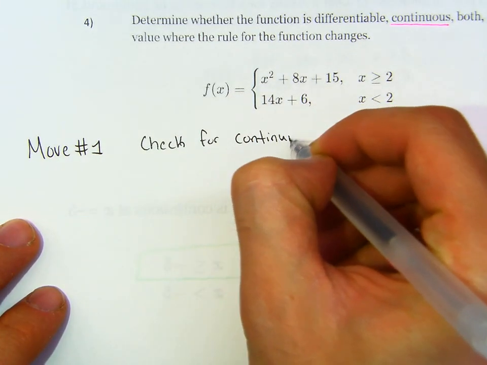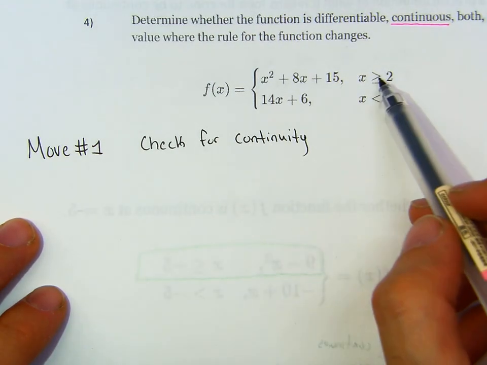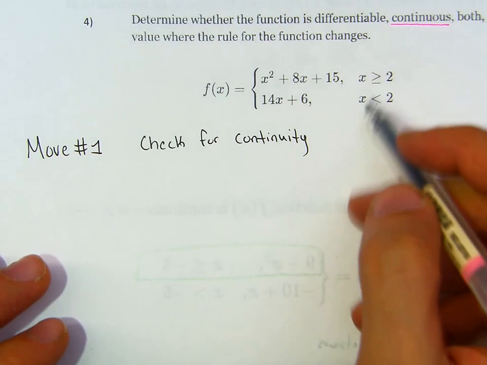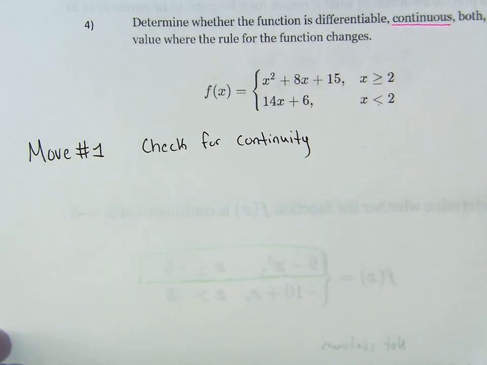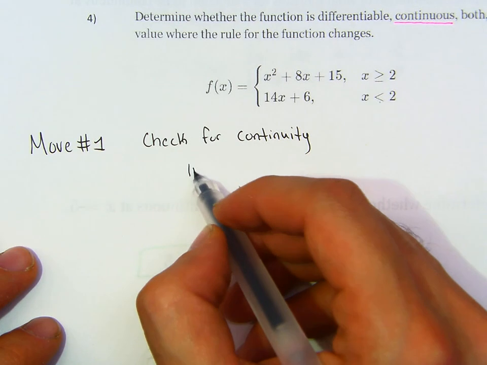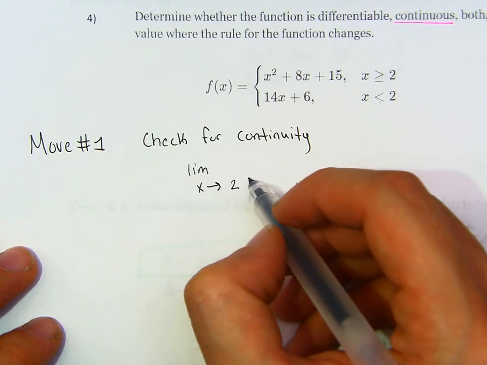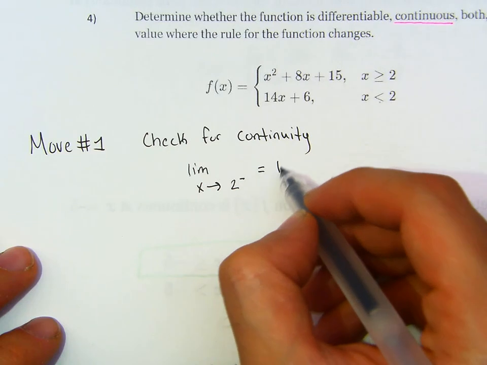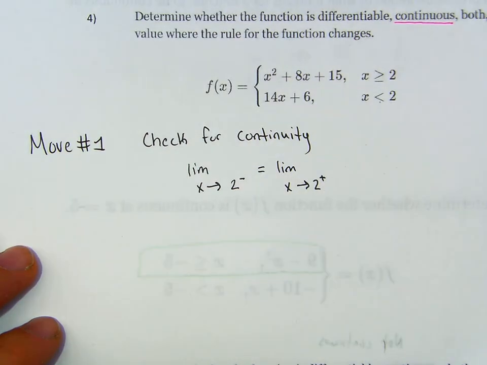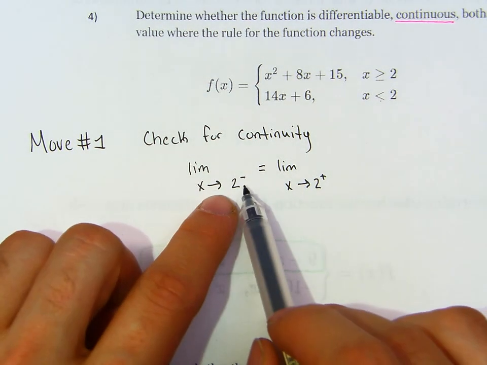Is this function continuous at x equals 2? What I want you to do is try and do this by yourself without me. We want to see if the limit as x approaches 2 from the left equals the limit as x approaches 2 from the right. I didn't show that in the previous example, but I'm just being a little fancy here.